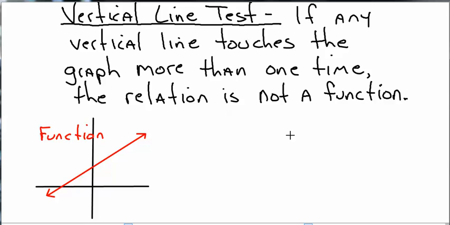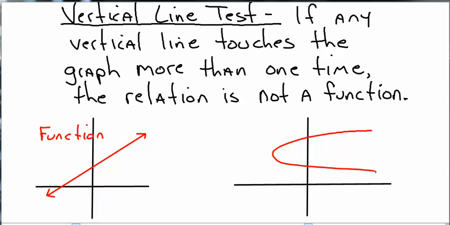So now here, all right, again, if you picture any vertical line, if you take a vertical line and you start sliding it along this graph, will it hit it more than once?